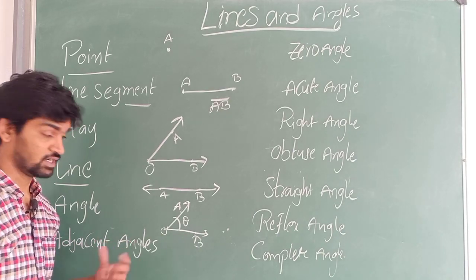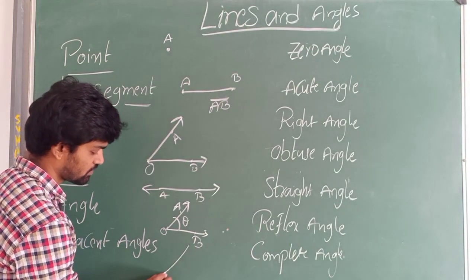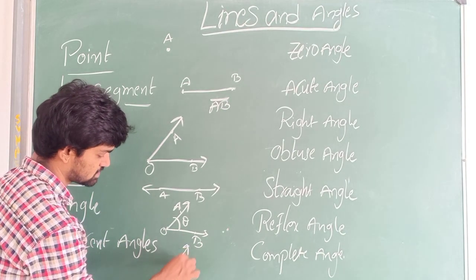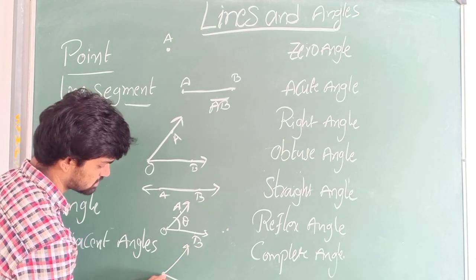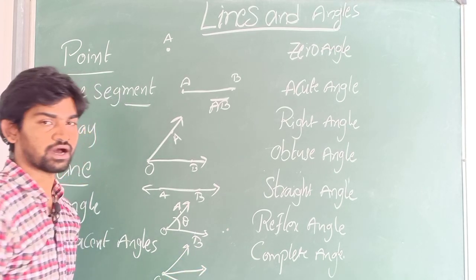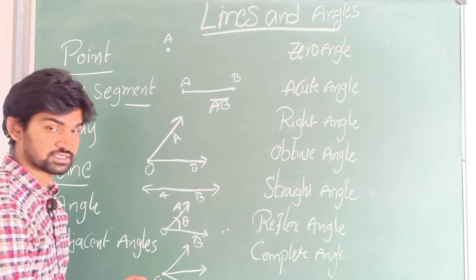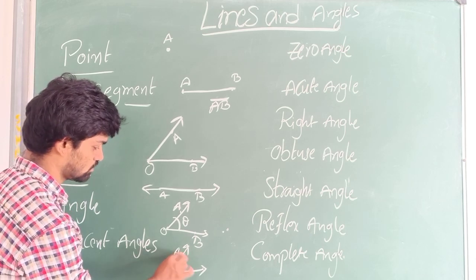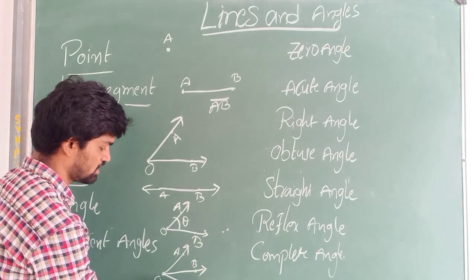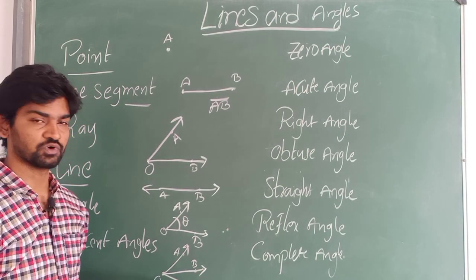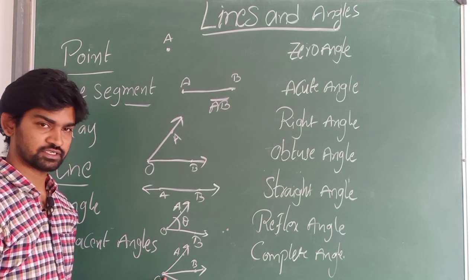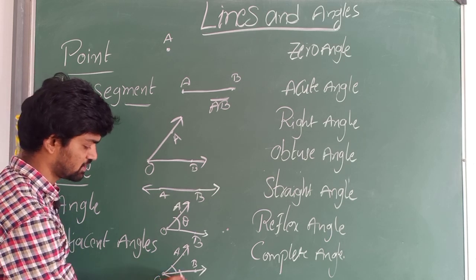Adjacent angles. What are adjacent angles? Adjacent angles have one common vertex and a common arm. See here, this is the OA ray, OB ray, OC ray. Three rays are moving from one initial point. Here one angle is formed, here another angle is formed.